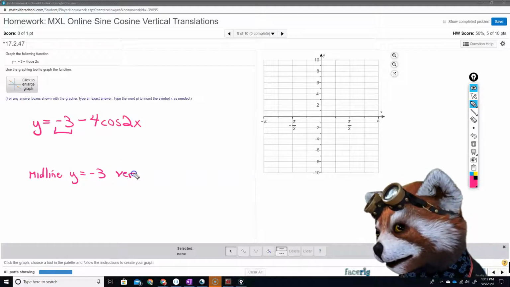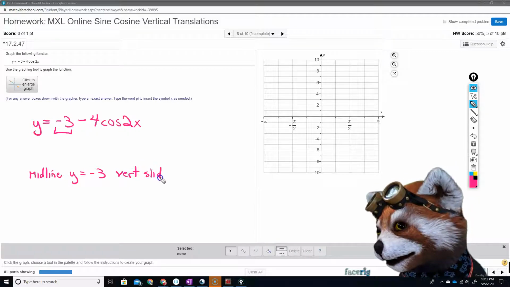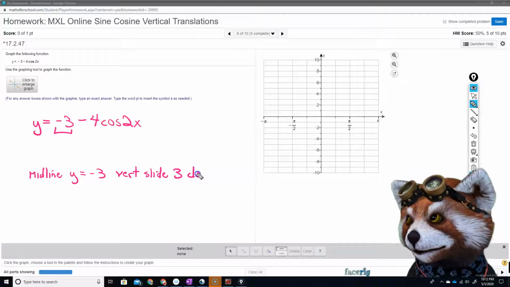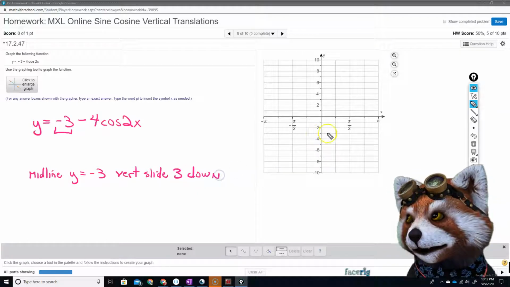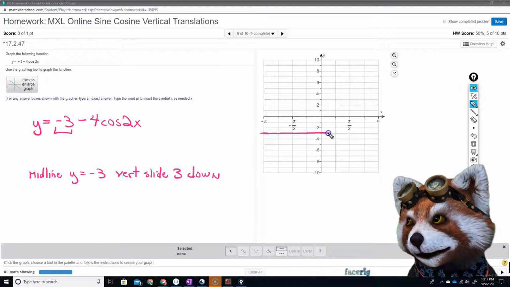So that's a vertical slide 3 down. So here's where this is my midline.